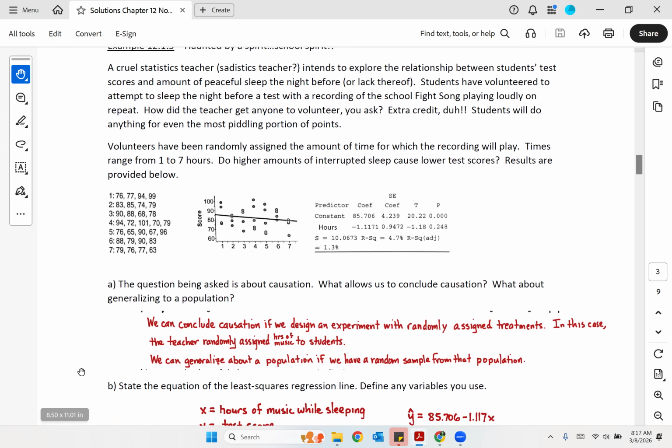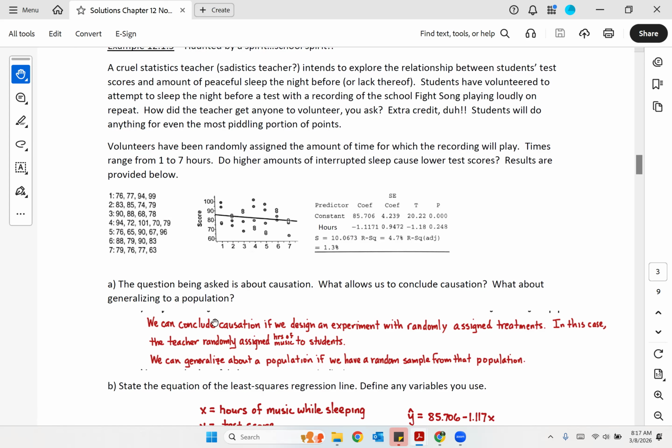And of course, we can conclude causation if we design an experiment with randomly assigned treatments. In this case, the teacher randomly assigned the number of hours of music playing overnight to the students. Okay, so that's the green light for us. We can treat this as an experiment.